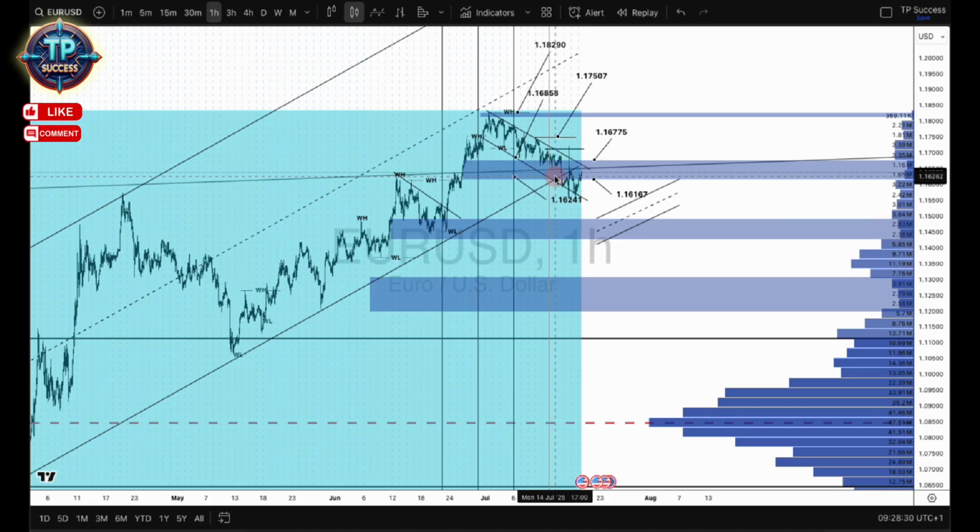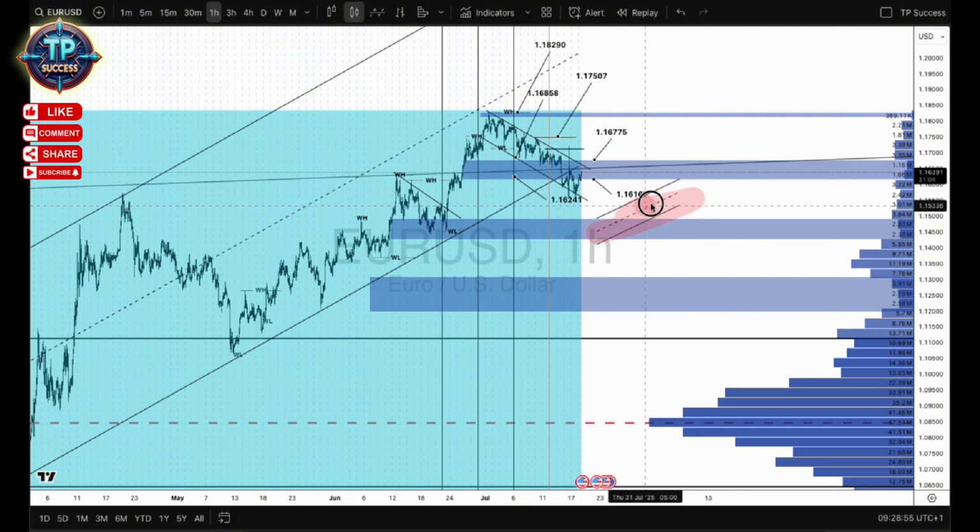Obviously exercise caution. However, when it gets to this low volume node area over here, if it starts doing the same thing in the upwards trajectory, then I strongly recommend you start preparing yourself to sell the market, because in my mind there'll be a very high probability it will be breaking down, and that is what I'm expecting. I'm expecting this game to be happening as it's breaking down.